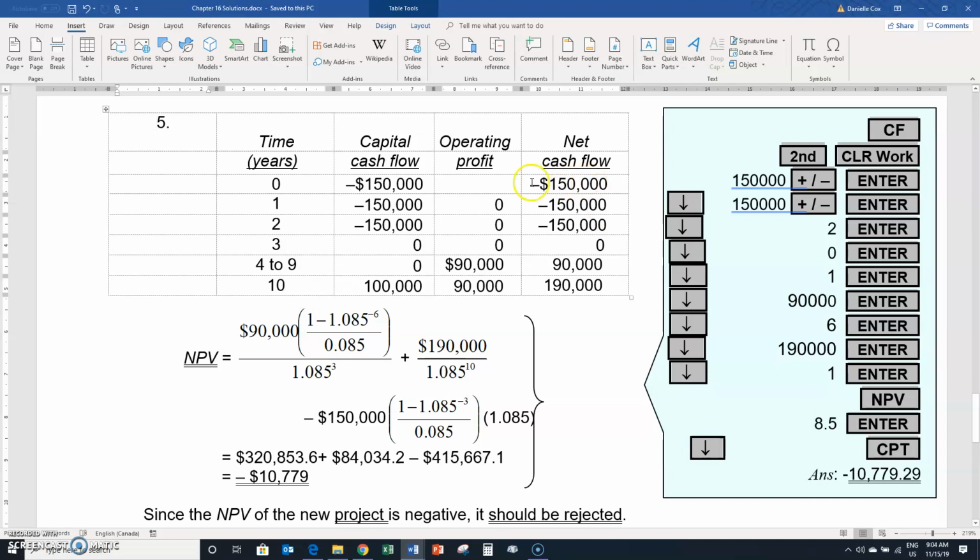So the first 150,000 outflow is the CFO. Then the CO1 is here, and we can enter it as negative 150, but we can enter it for 2 years.